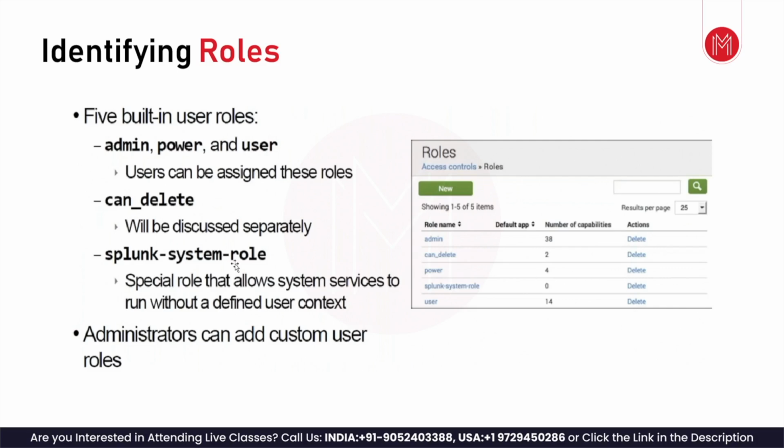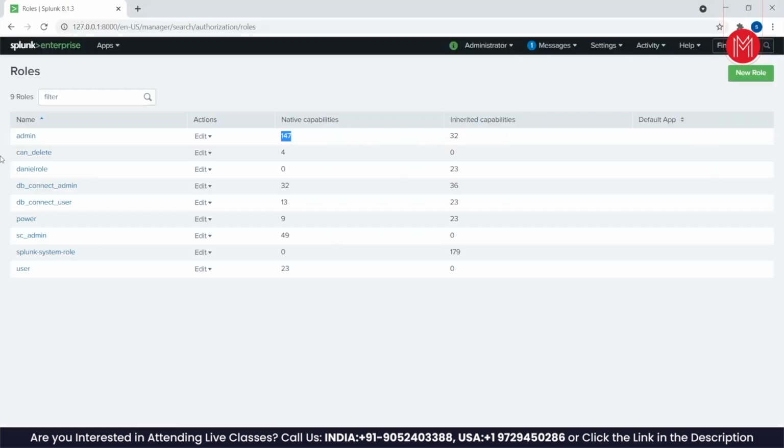So what if they get a request to delete some unwanted data in Splunk? What are they going to do? They will add can_delete to the admin privilege so that he can delete the data in Splunk. And how do they delete the data in production? They raise a change ticket and assign the can_delete role to admin.